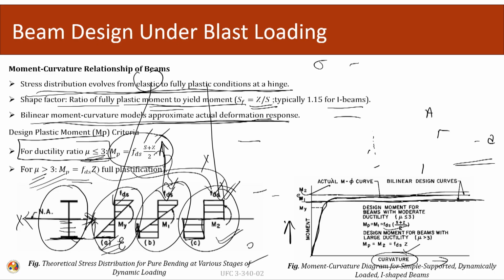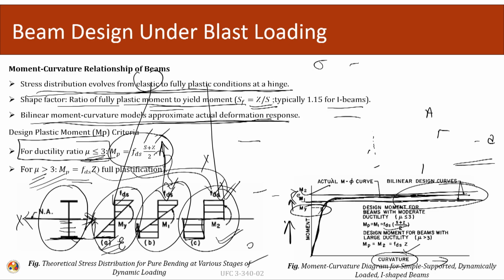We draw two bounds for the region, and each section will remain in between these two, depending upon what ductility has been achieved. This point denotes the elastic region. From the elastic region it goes into the elastoplastic region, and from there into the fully plastic region.